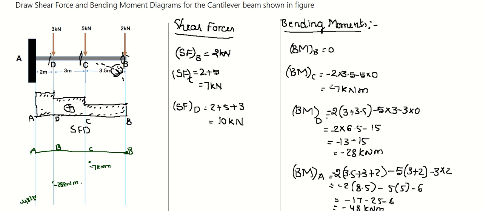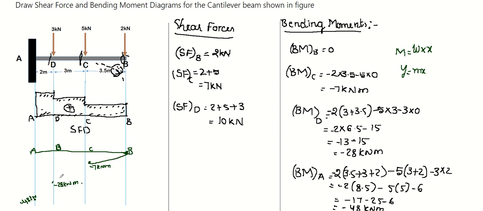And one more thing here, bending moment is actually load multiplied by distance. So let me consider load as W and distance as small x. So that is the moment we are considering, bending moment. So it is just like y is equal to mx, which is the straight line equation. It has a single variable. So the relation between the points we have mentioned here will be a straight line relationship.